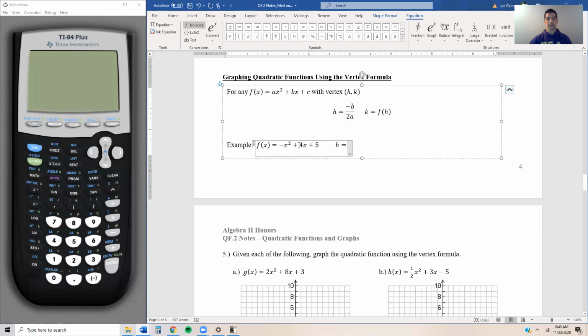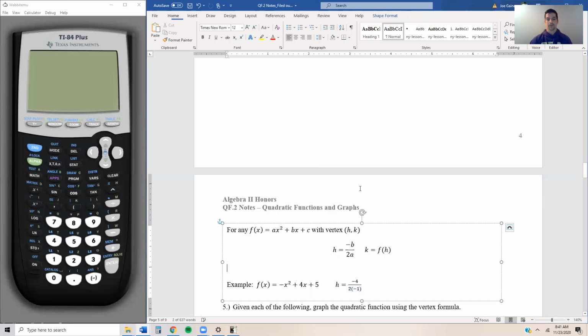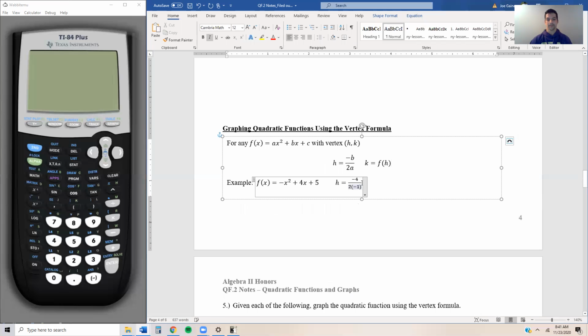A negative b would be negative 4 over 2a. My 2 is just going to stay 2, times a, which is negative 1. If I simplify this, negative 4 over negative 2 would be positive 2. So that's my x value for my vertex.